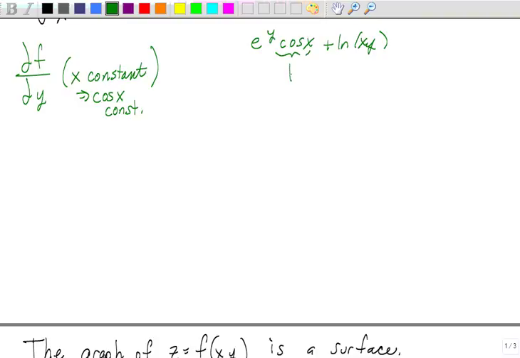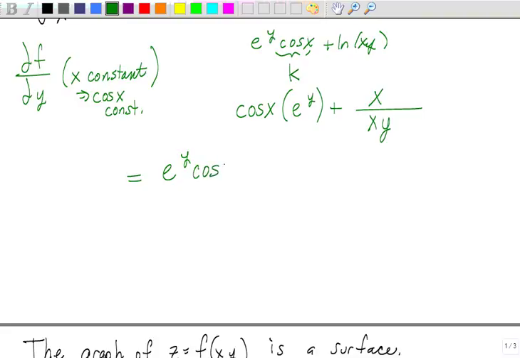Let me just use k for constant. So we just take the derivative of e to the y, and that's e to the y. So here we have cosine x, constant stays in front. Derivative of e to the y is e to the y, plus the derivative of ln: the function goes in the bottom, the derivative goes on the top. Derivative of y is 1, x is a constant, so this is just x. So this is going to be e to the y cosine x plus 1 over y.